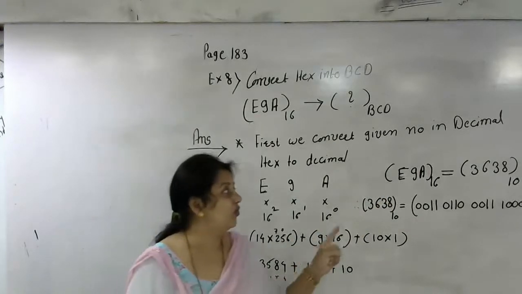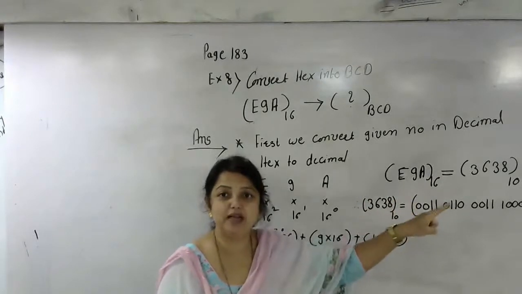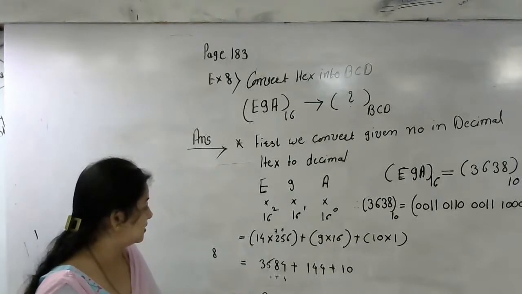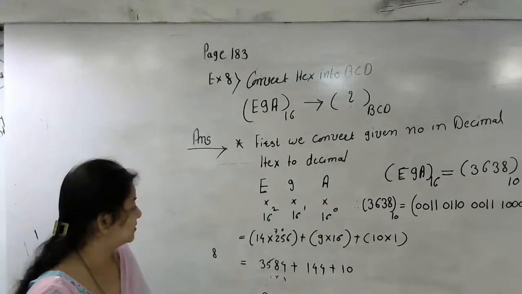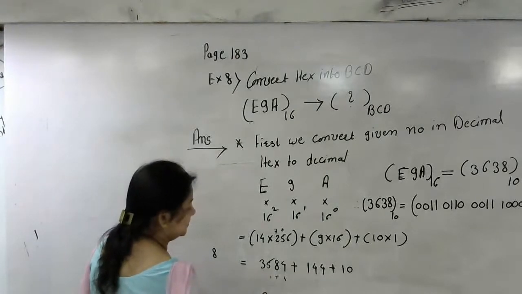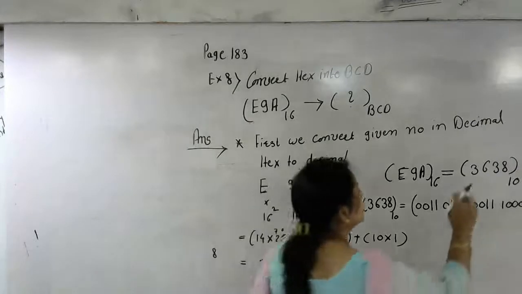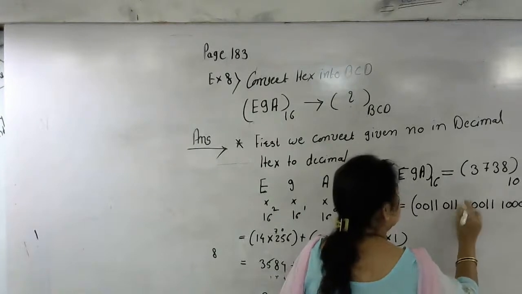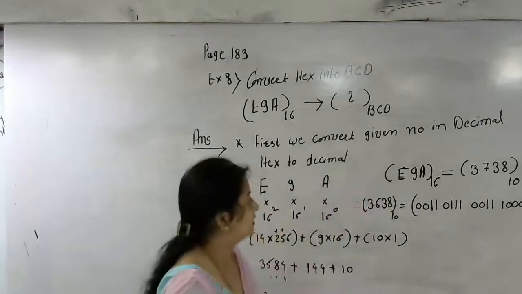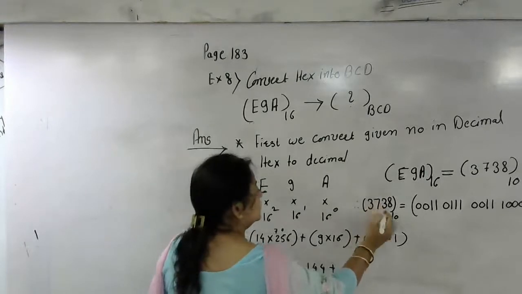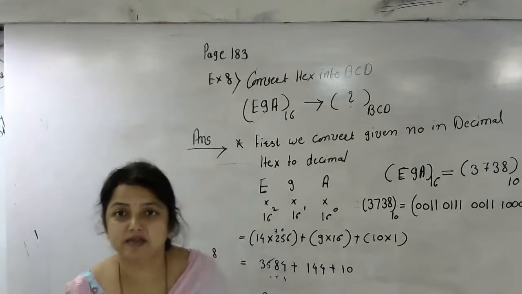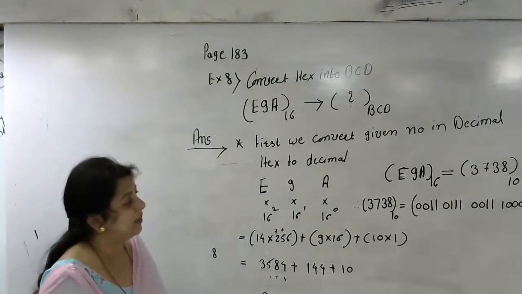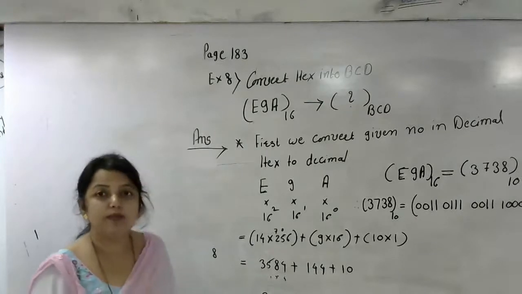For that, first we have to convert that hex number into decimal, and then the decimal number into BCD directly.